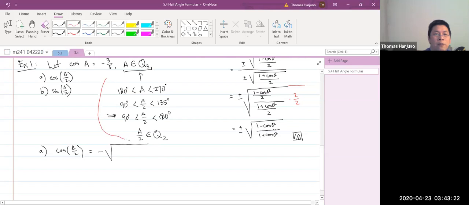I need to find first where this A over 2 is located, and then from there I know the cosine of A over 2 has to be negative. This is equal to negative square root of 1 plus negative 3/5 over 2.